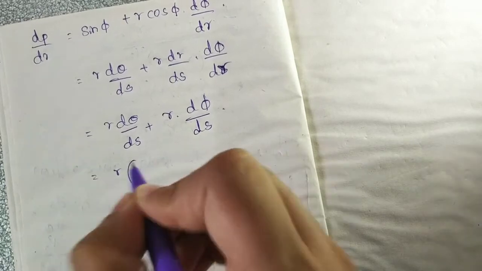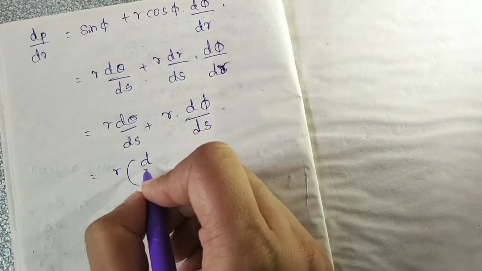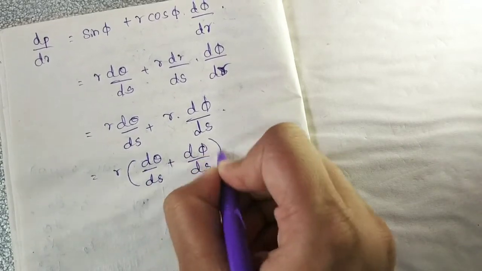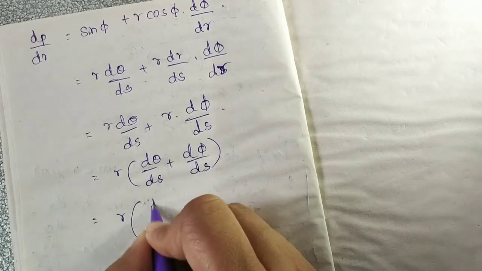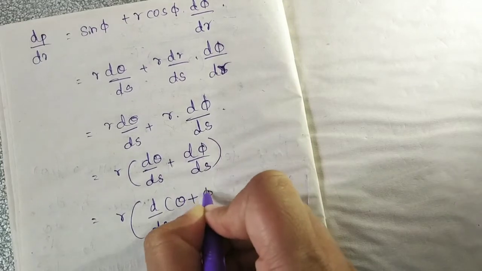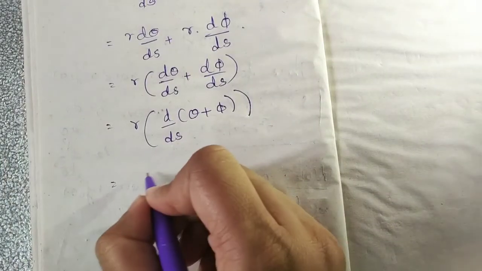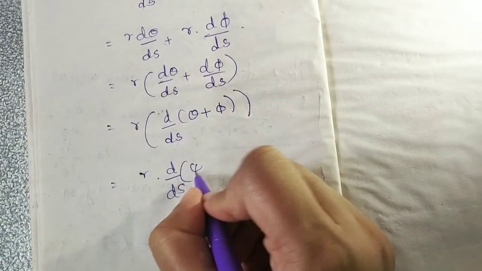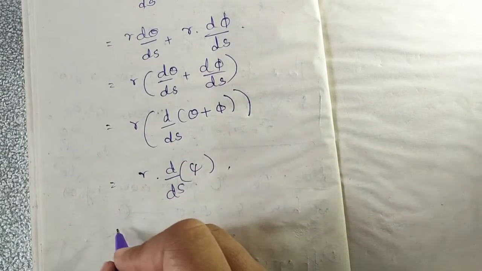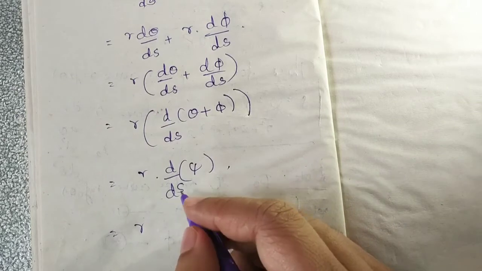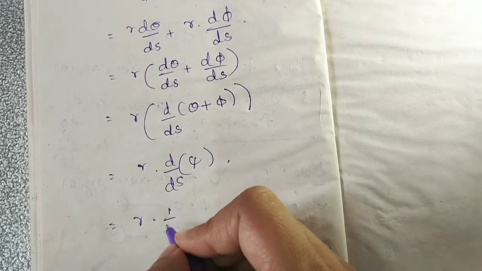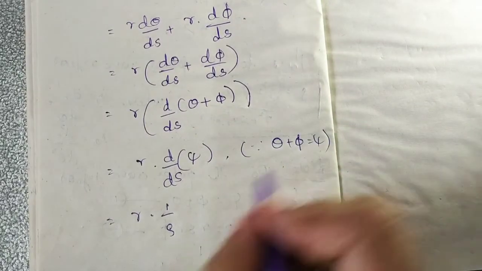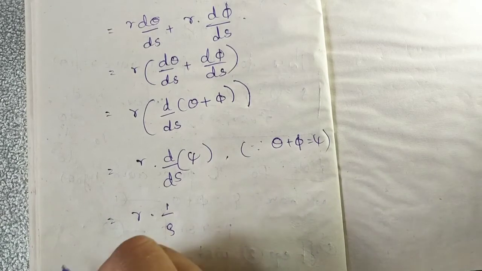Now we can take r outside, so that we are left with the terms dθ/ds plus dφ/ds. So it can be written as r into d/ds of (θ + φ). So it will be r into d/ds of θ plus φ, which is ψ. So it can be written as r into dψ/ds, which is 1/ρ. Here θ + φ equals ψ. So this can be written like this.